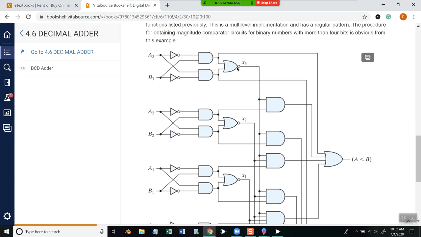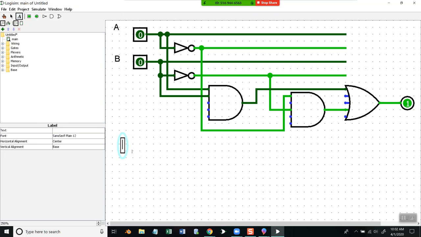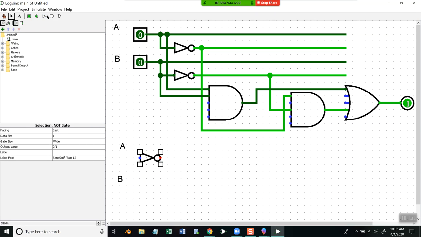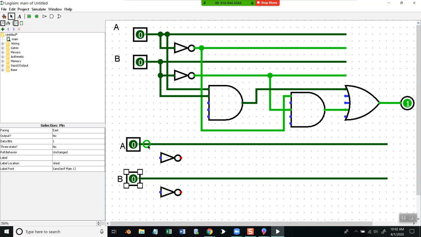They're saying, okay, A, inverters, inputs. Let's go all the way across.